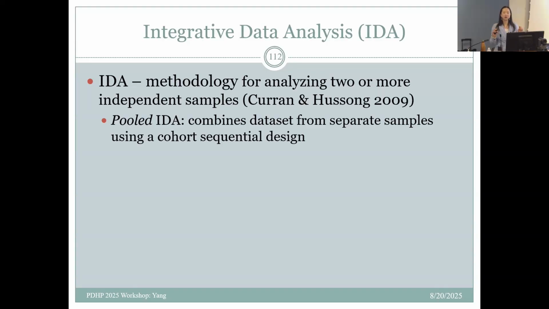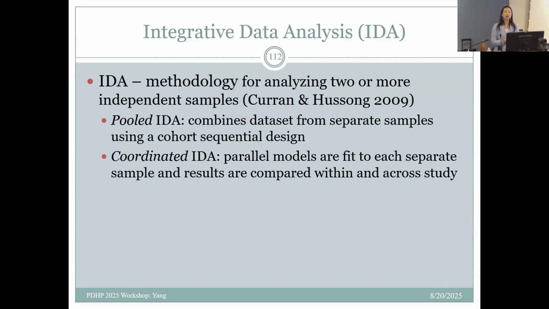There's what I call a strong form of IDA, also called pooled IDA, where you combine data sets from separate samples using the cohort sequential design, which is what I just showed in the diagram. There's also a weaker, moderate form of IDA called coordinated IDA, where you fit parallel models to each separate sample, and the results are compared within and across studies qualitatively.